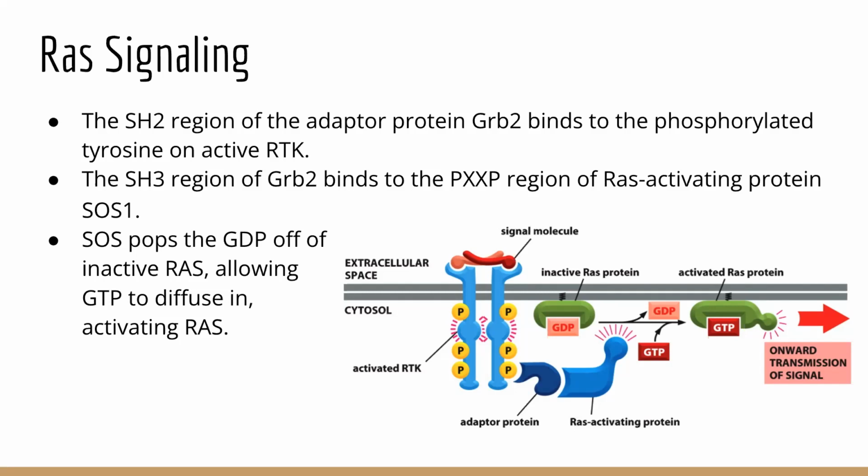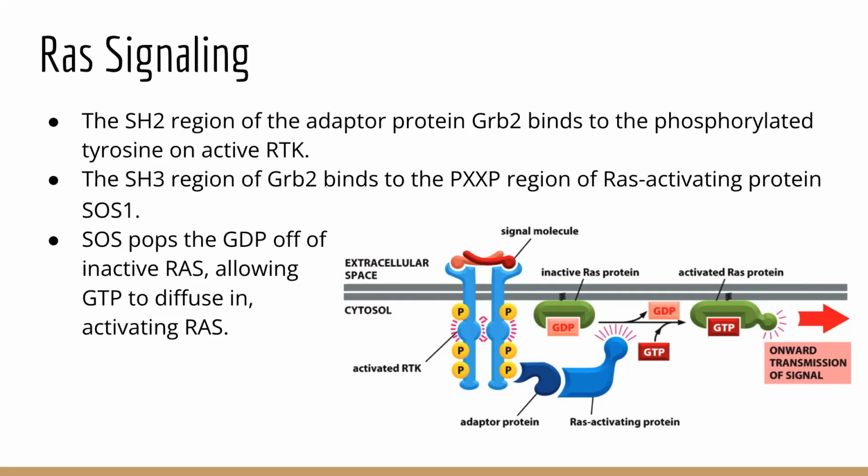Now you have GRB2 bound to your RTK, but it also has to interact with the next protein in your pathway. So it also contains an SH3 region, which just means it interacts with polyproline regions, whatever that means. And that allows it to interact with the RAS activating protein.